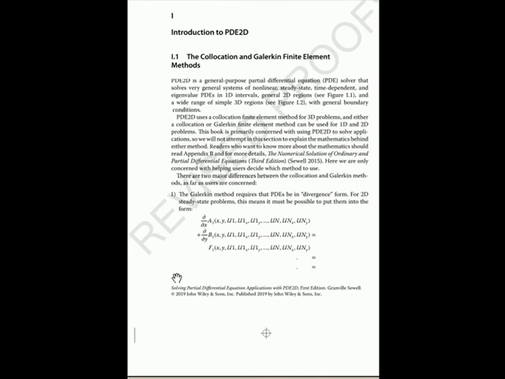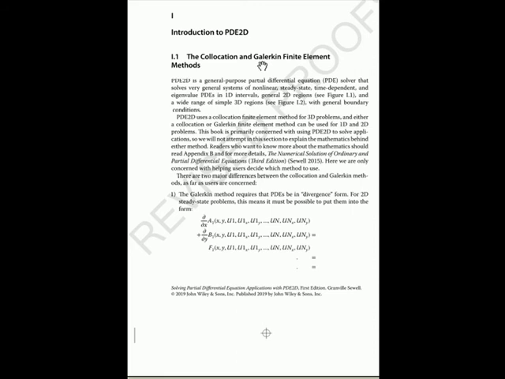In fact, this course is really not about numerical methods for solving partial differential equations either. That's a different course, 5343. Here we're just going to tell you enough about the methods so that you'll know how to use them. And as I said, there are two basic brands of the finite element method that are used by PD2D, collocation and Galerkin.